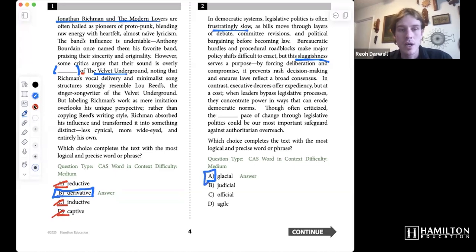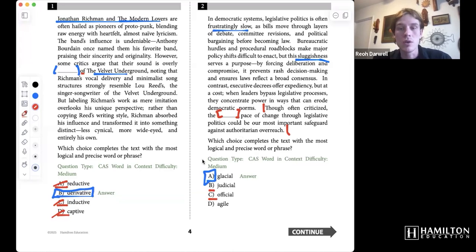It's how it's used. If you got this wrong by choosing something like judicial or official, I'm worried that you're only reading this sentence, okay? And in that sentence, it might kind of fit the context. It might kind of mean something that makes sense. But when you read the passage as a whole, you can see that this pace here isn't saying the governmental pace of change.